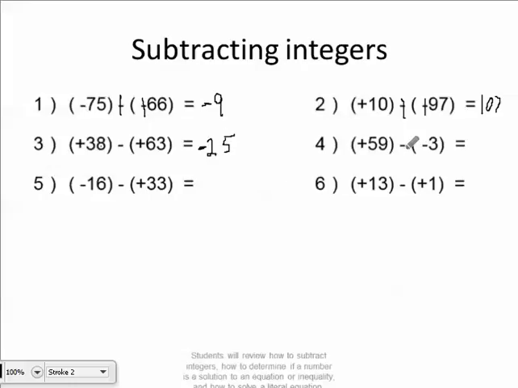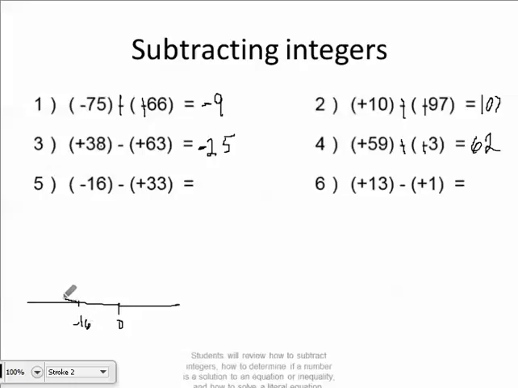Okay? Number 4, positive 59 minus a negative 3. Switching these both to plus signs, 59 plus 3 would be 62. Negative 16 minus 33. Well, if I'm at negative 16, think of a number line here. Here's 0, here's negative 16, and I'm going to be subtracting 33.